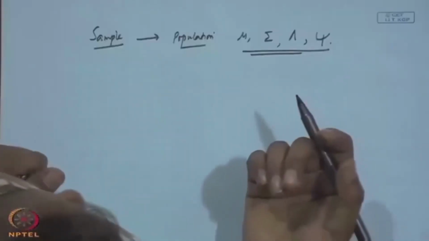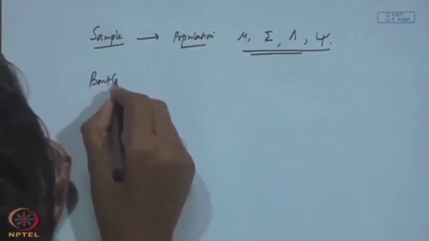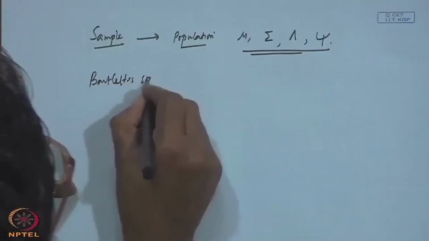That is the factorability criterion, meaning the data matrix must be factorable. If you have seen in principal component analysis, I mentioned Bartlett's sphericity test. What did we assume there?